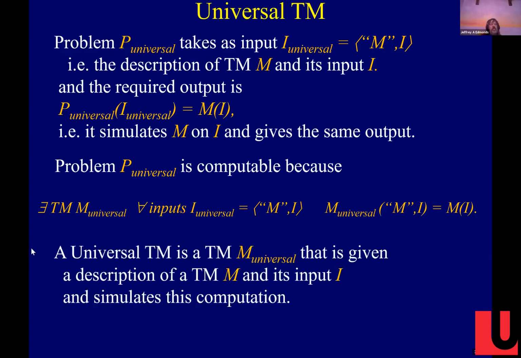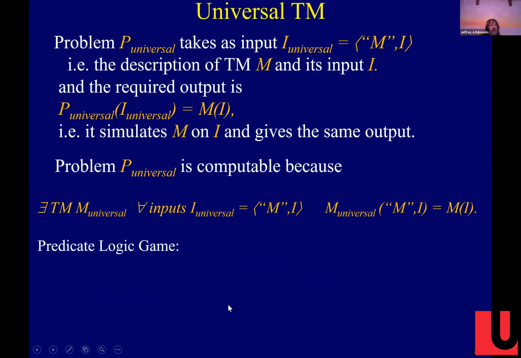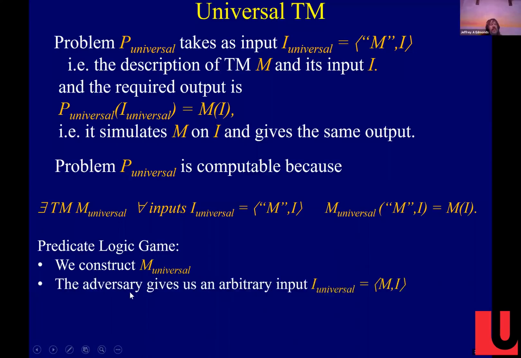Such that, right here, the universal Turing machine is a Turing machine that is given the description of a Turing machine as input, and it simulates that computation, right? So we construct the universal Turing machine. Then the adversary looks at our universal Turing machine and gives us a worst case input. What's the input? Some M and some I.